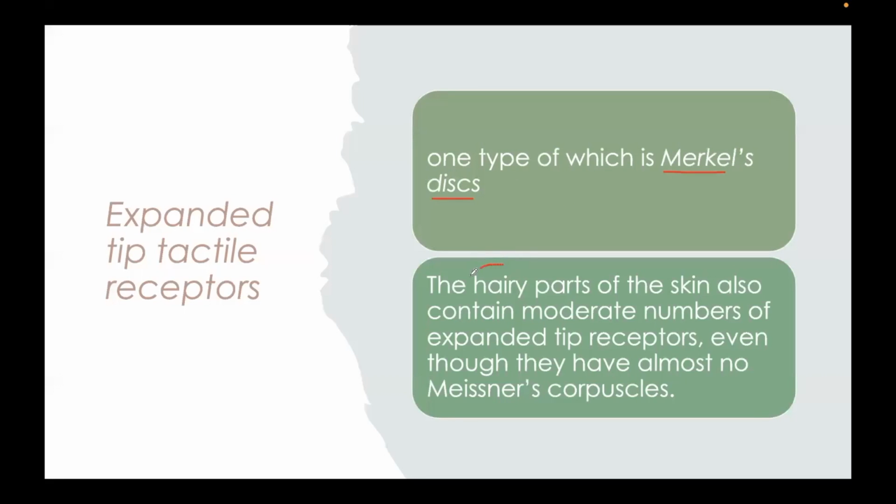The hairy parts of the skin contain moderate amounts of expanded tip receptors, even though the hairy parts have almost no Meissner's corpuscles. So, Merkel is hairy. Hairy Merkel. Please take note of this.